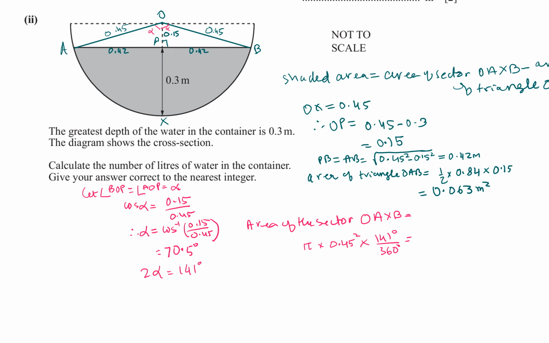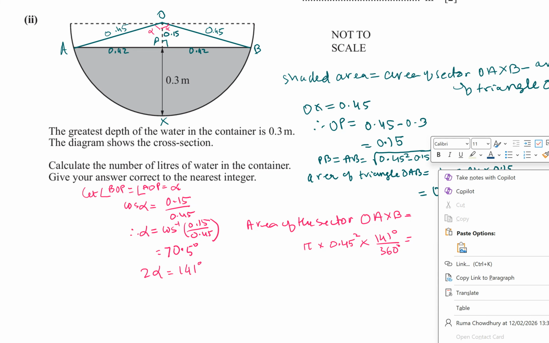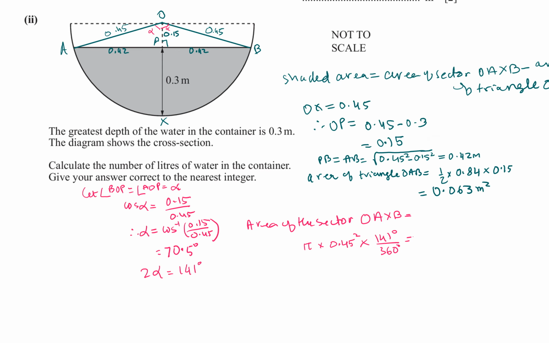So that is equal to 3.142 multiplied by 0.45 square multiplied by 141, divided by 360, and that's 0.249. That's the area of the sector.